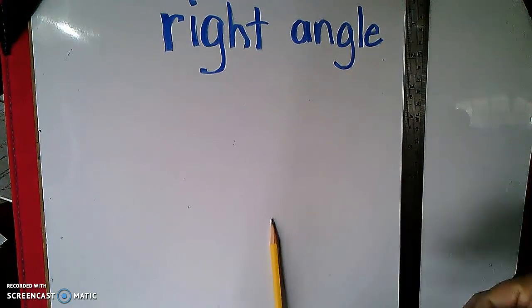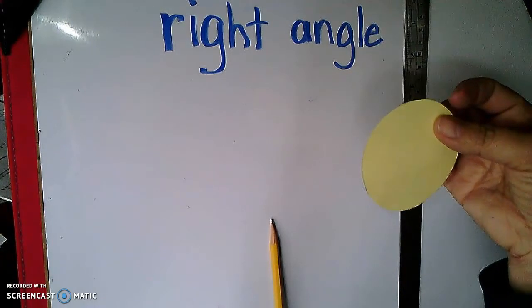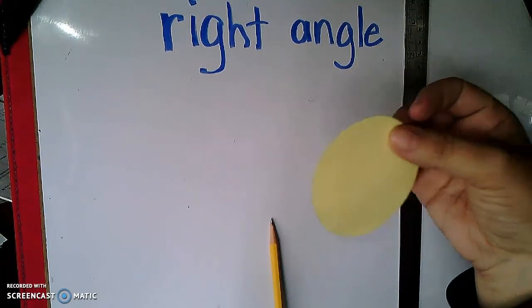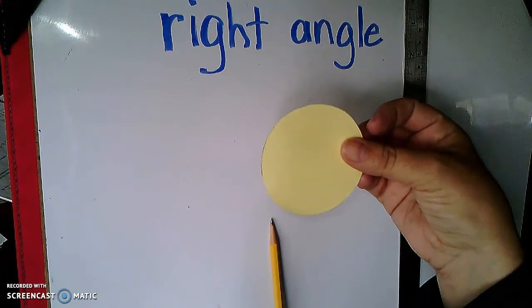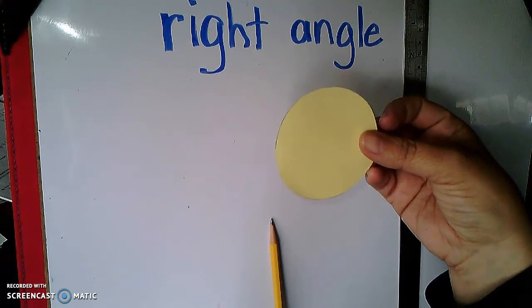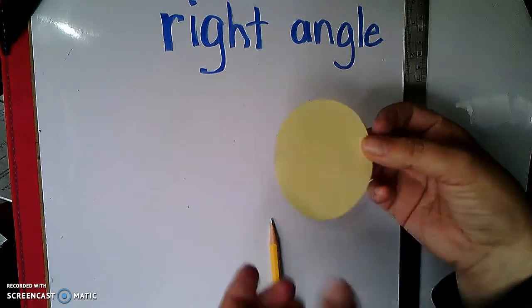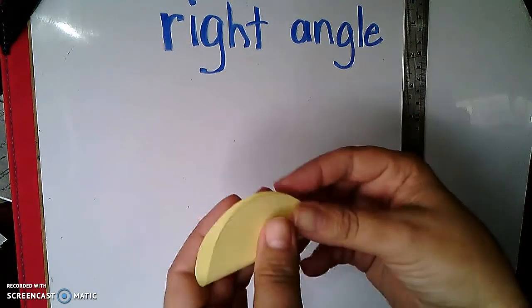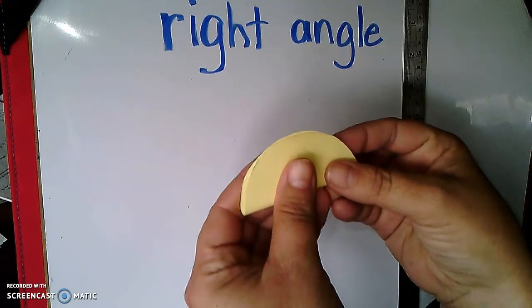We're going to be talking about right angles. Our objective for this lesson is to determine whether an angle is equal to, greater than, or less than a right angle. In order to do that, I need to have a right angle to compare them to. The easiest way is with a circle, to fold it in half.